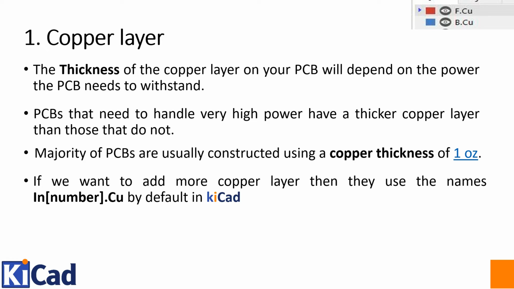If we want to add more copper layers, then they use the name In, then the number of the layer, and then .Cu, which means that it is a copper layer, and it is done by default in KiCad. It says that if you want to add more layers in your PCB while designing the PCB in KiCad software, then there will be two default layers, the front copper and the bottom copper.